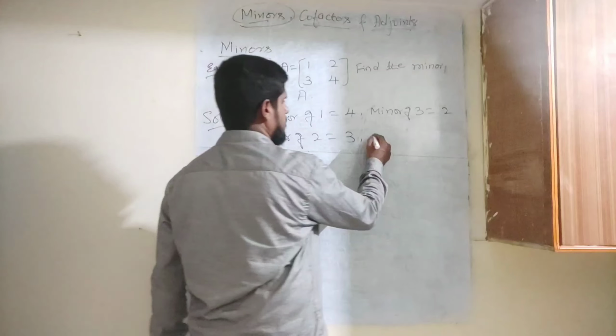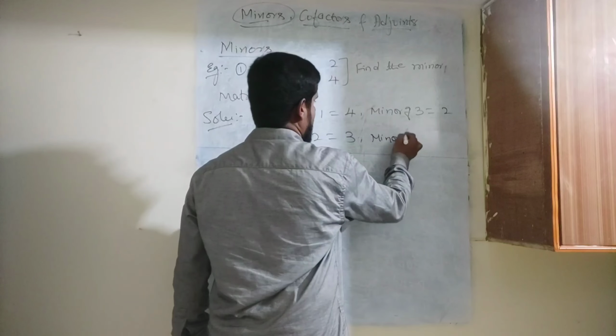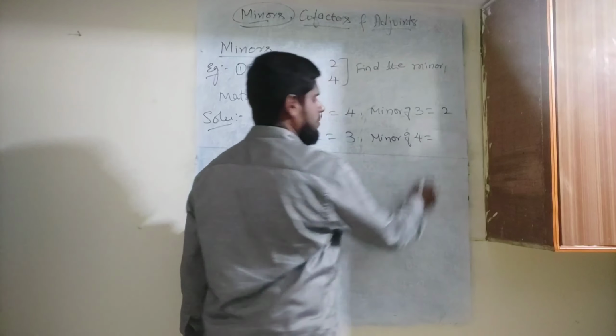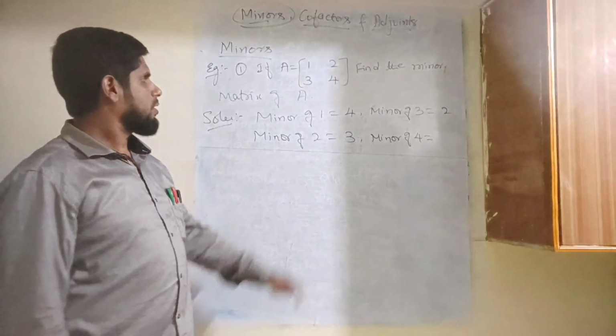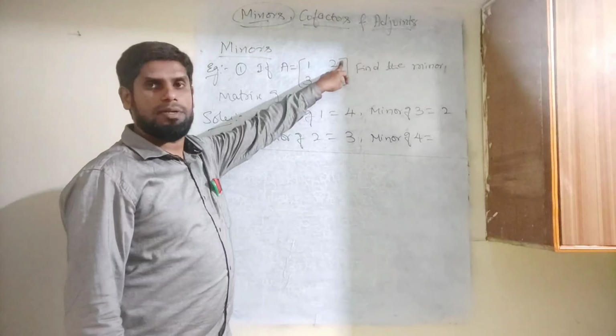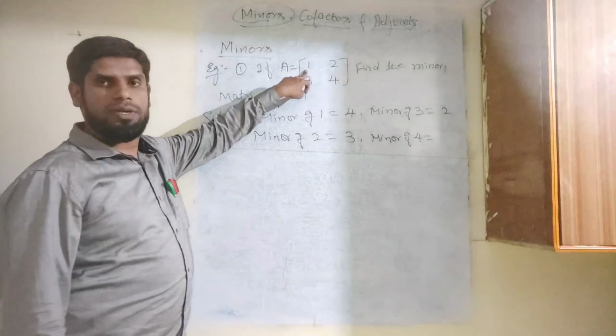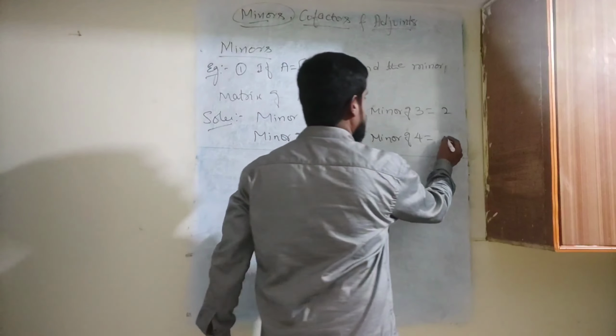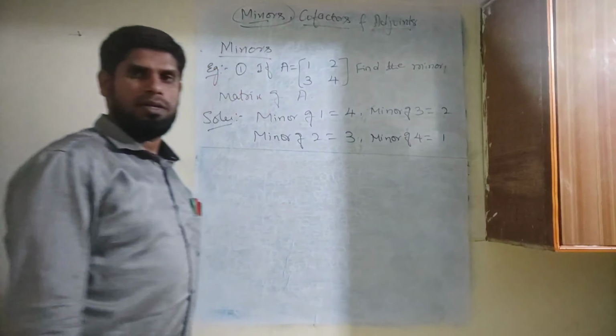Next, the minor of the last element, that is 4: eliminate second row and second column. So the left out is 1. So its minor is 1.